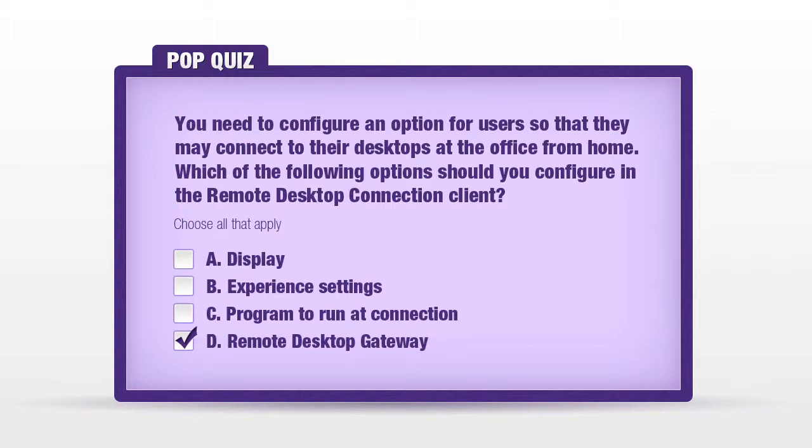The display settings control just the display of the remote desktop. The experience settings are the various display options and other settings related really just to the connection itself. And the program to run at connection is a program that you always want to launch every time you make a connection. Clearly here the problem is them connecting to their office machines from home, and so you need a Remote Desktop Gateway in order to do that.